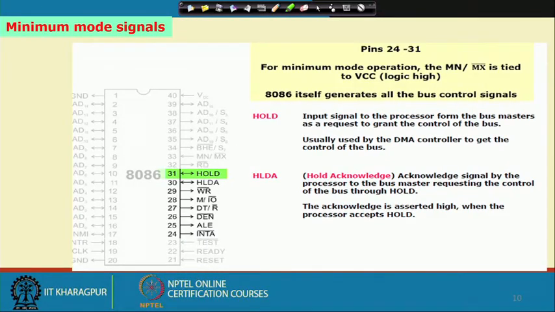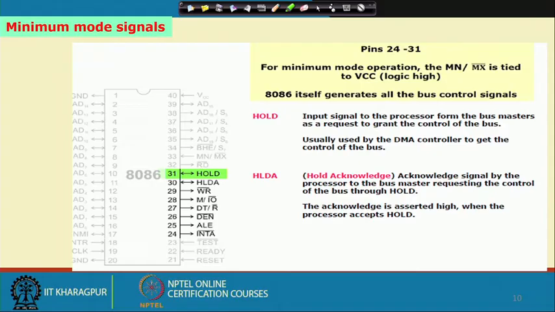Some more minimum mode signals, there is a hold signal. Basically this is for relinquishing the control of the data and address bus. There is a mode of transfer known as DMA, direct memory access, where another bus controller is used for transferring content directly from one memory location to another memory block, or from an IO device to memory.